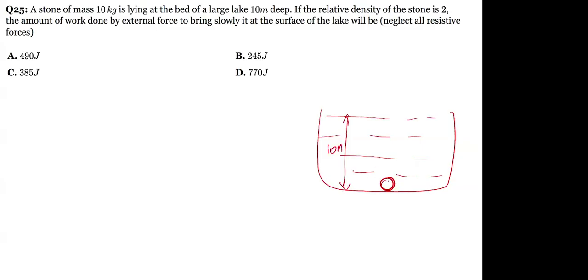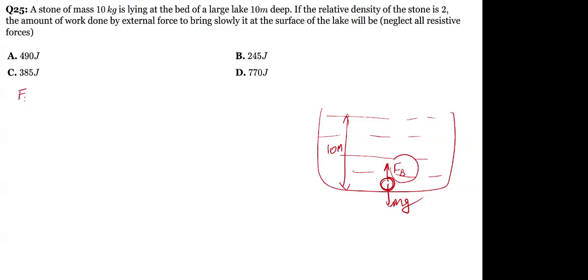Now we know that a buoyant force is acting on this, but since the relative density is greater than 1, it is sunk. Now we know that this buoyant force and the force acting in the downward direction, which is gravitational force mg, this buoyant force will decrease the net effect of this weight force.